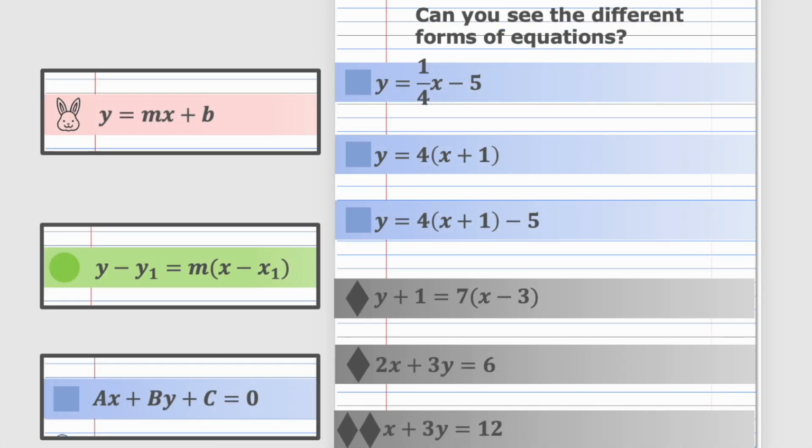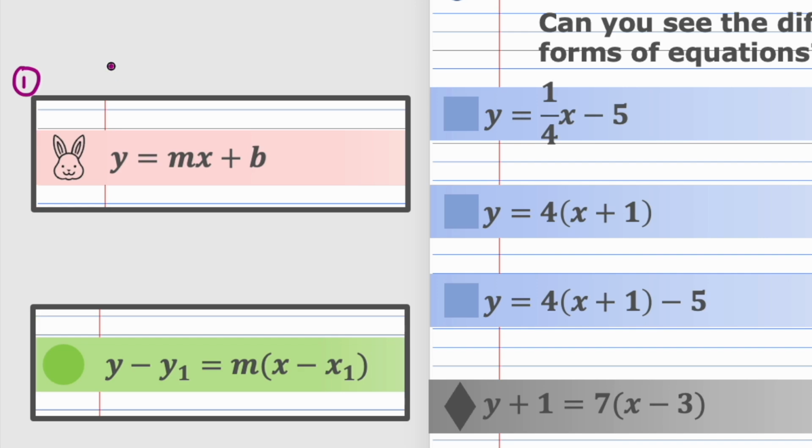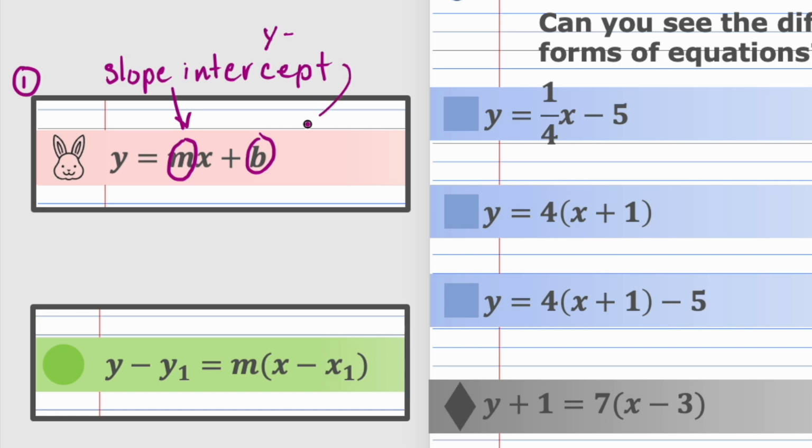We'll talk about 3 different forms of the linear equations. We'll see if we can match up the letters on the left with the numbers on the right. First equation is called the slope-intercept form. And we love that one because we can see 2 things. We can see the slope and we can see the y-intercept right there.